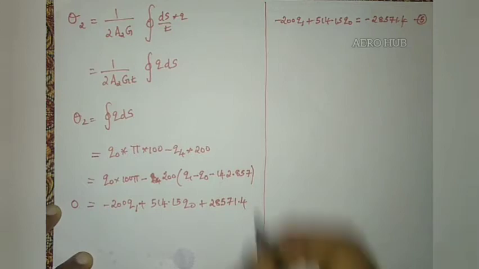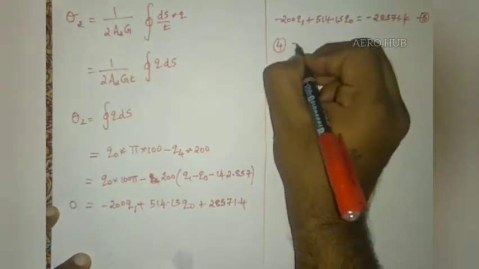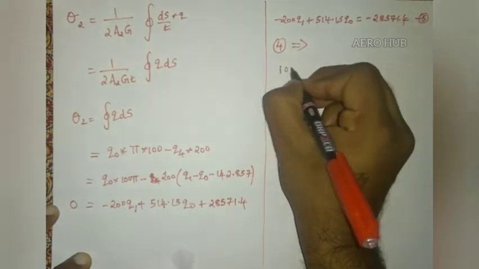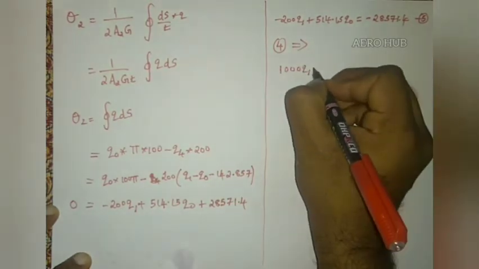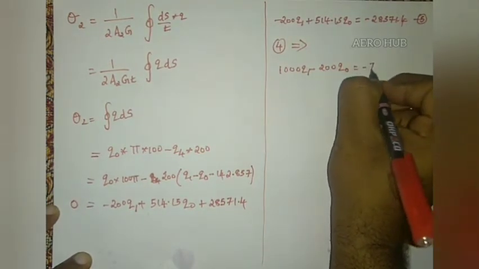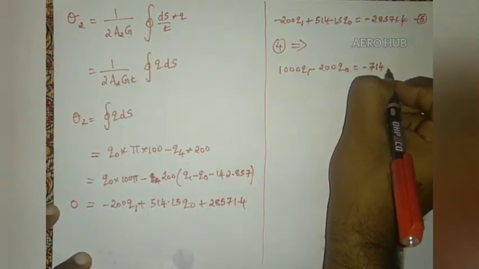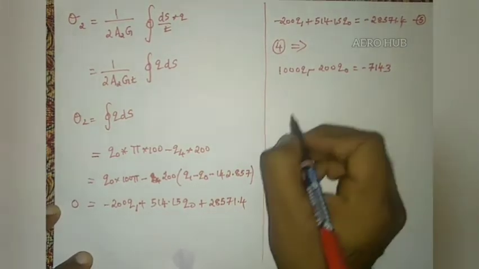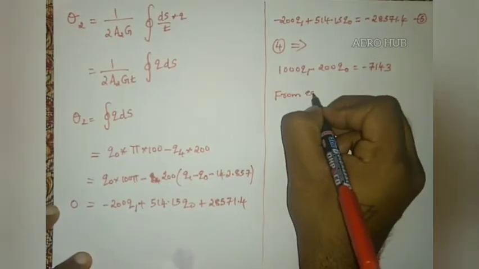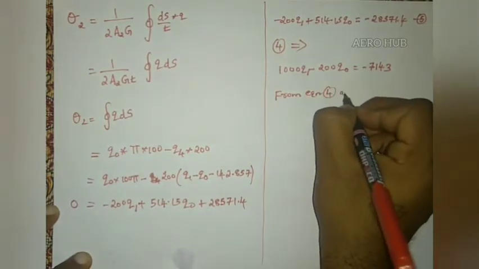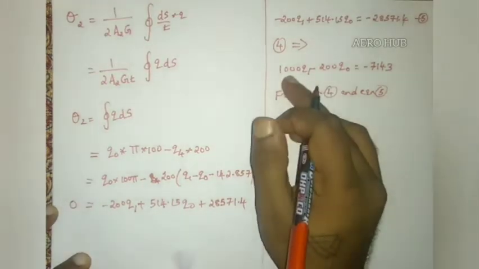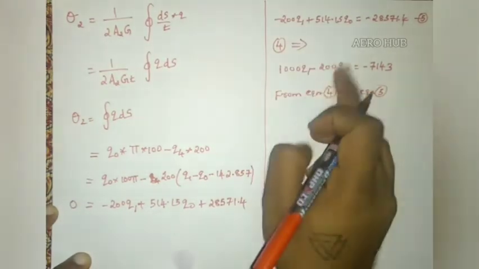Okay, so we have equation number 4. What's equation number 4? 1000 Q1 minus 200 Q naught is equal to minus 7143. Okay, so from equation 4 and equation 5 we have two unknowns, Q1 and Q naught.